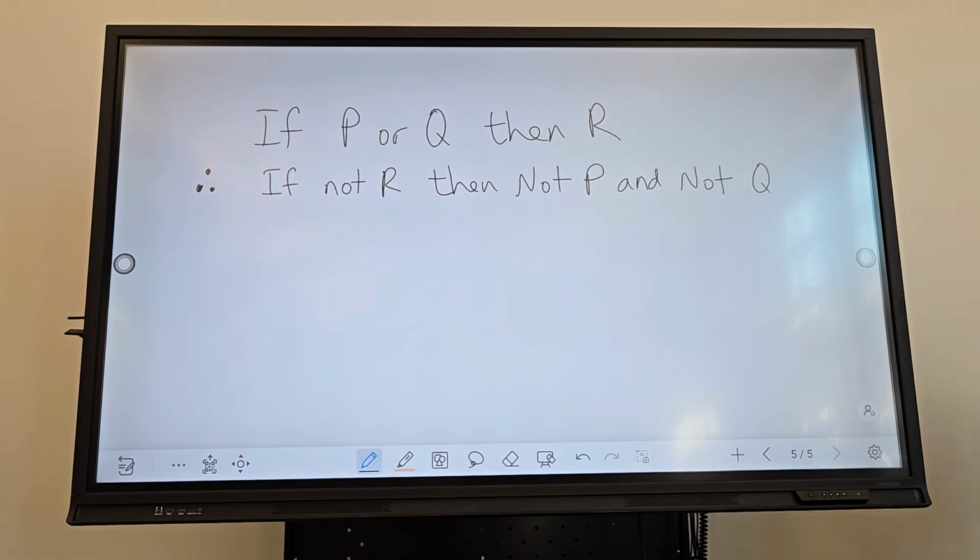If P is Jane is a math major, Q is Jane is a computer science major, R is Jane will take Math 150, then it becomes if P or Q, then R. Q, therefore R. A lot more abbreviated.